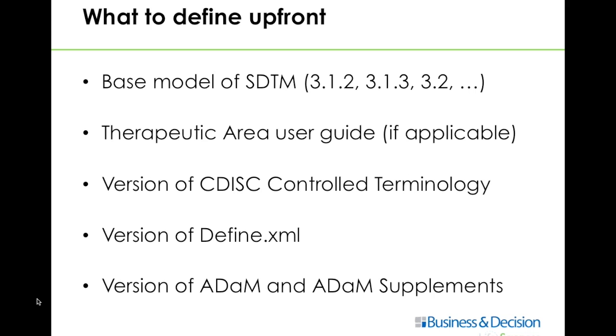You need to select a therapeutic area user guide if it's applicable to your submission. For example, if you have a submission for an asthma drug, you will need to use the therapeutic area user guide for asthma that has been developed by CDISC. You will need to choose your version of CDISC controlled terminology, your version of define, and also your version of ADaM and any ADaM supplements that have been released.